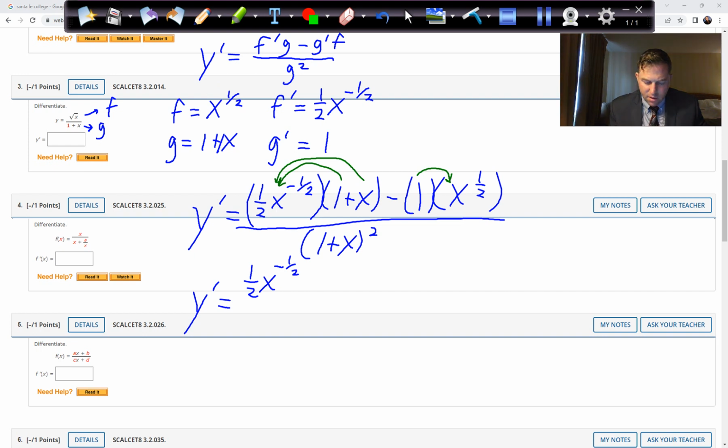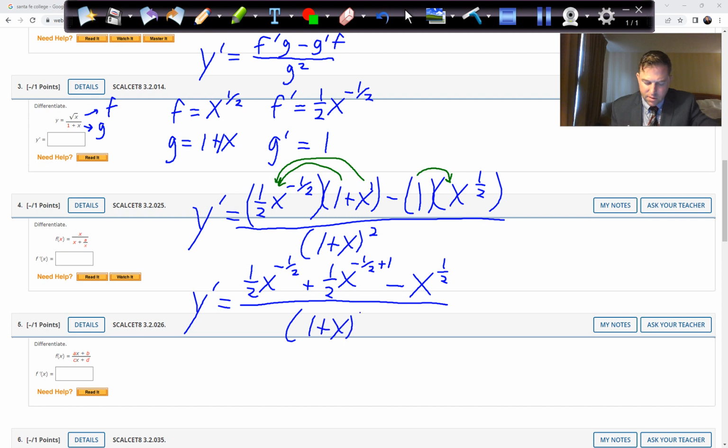And then we have 1/2 x to the minus 1/2 times x is going to be plus 1/2 x to the minus 1/2 times x to the 1. Same base, different powers. So when you multiply them, you add the powers. So that's going to be plus 1. Then this is going to be minus x to the 1/2. And this is 1 plus x squared.